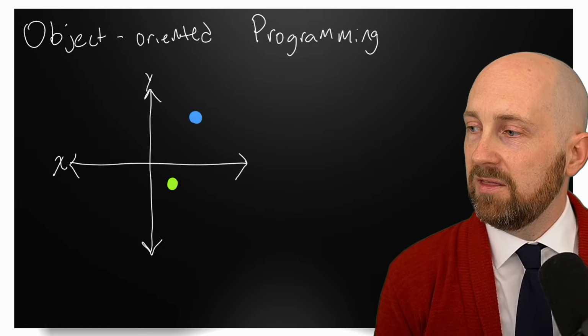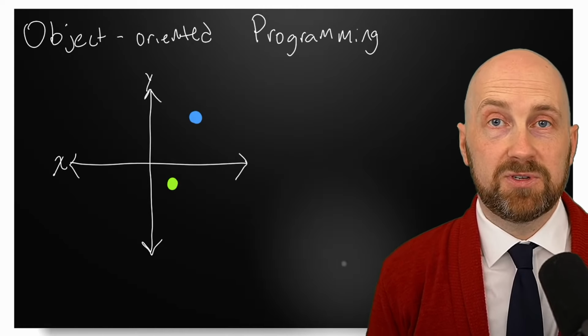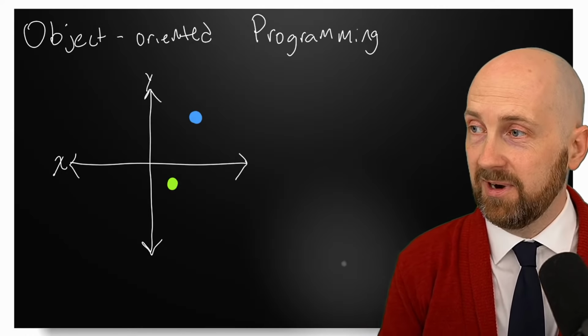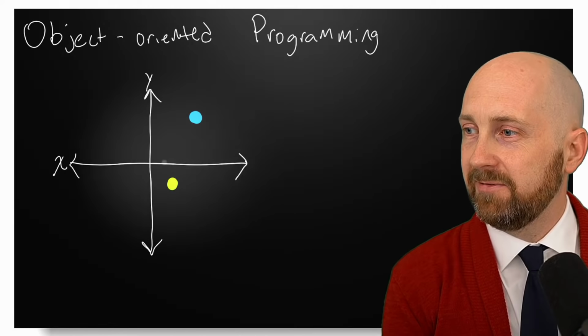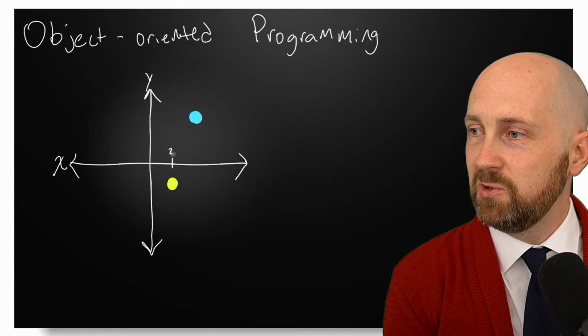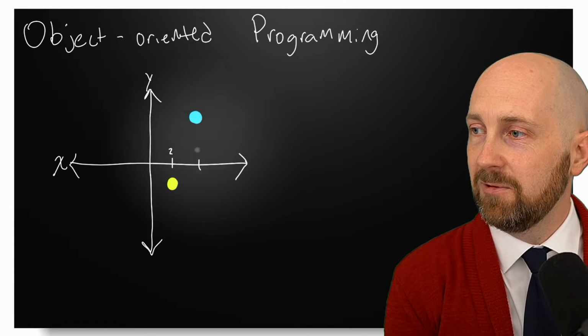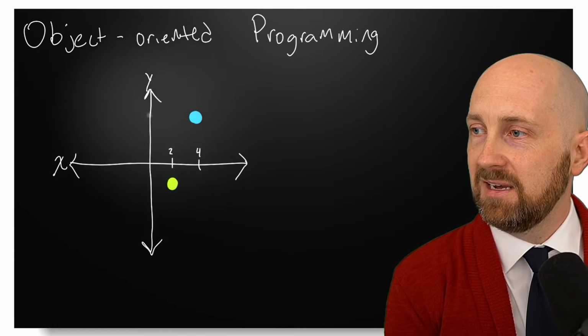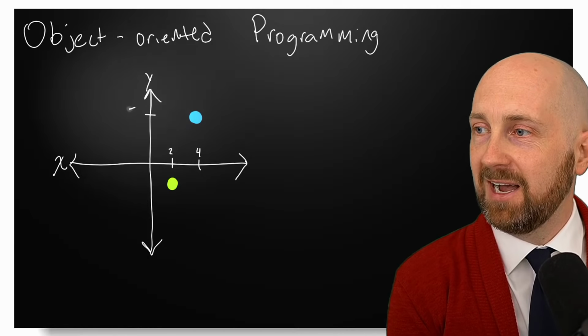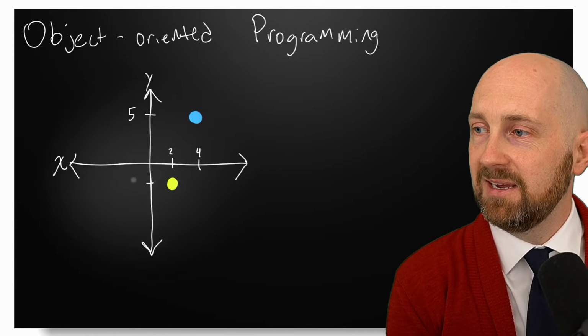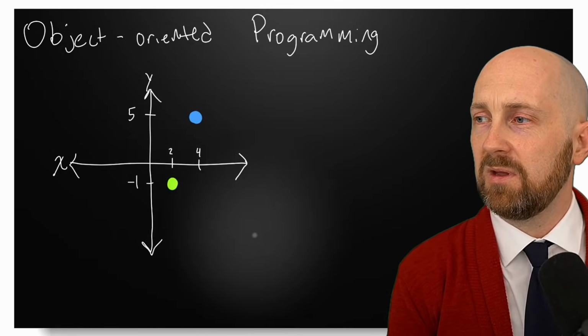And these points have different attributes related to them, right? Let's imagine, I'm just going to fill in some numbers here. Let's call this 2 on the x-axis, and this is maybe 4. And let's say this is 5 on the y-axis, and this is maybe -1, right?